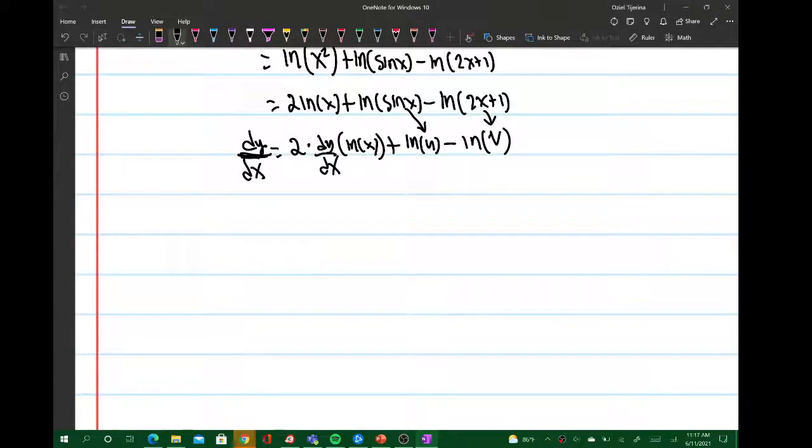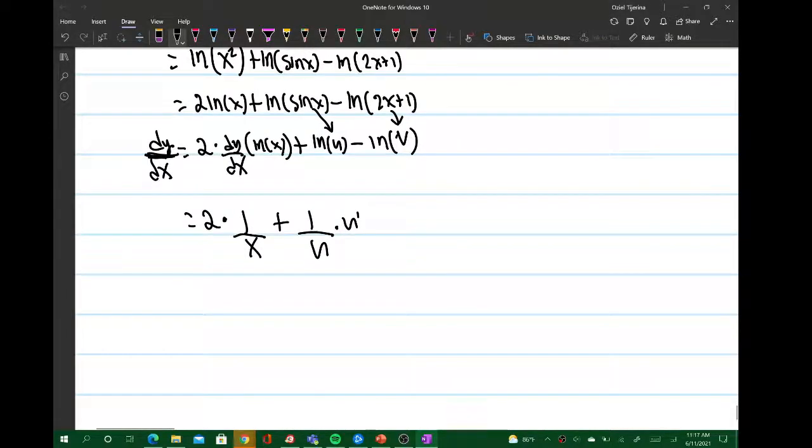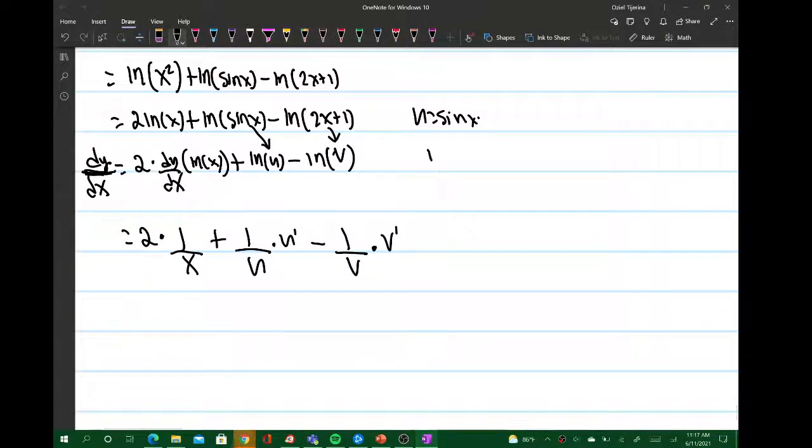So we have 2, and the derivative of ln of x, remember, is just 1 over x, so times 1 over x, plus the derivative of ln of u, which is 1 over u times u prime, where u is sine of x, and then minus the derivative of ln of v, which is 1 over v times v prime, where v is 2x plus 1.